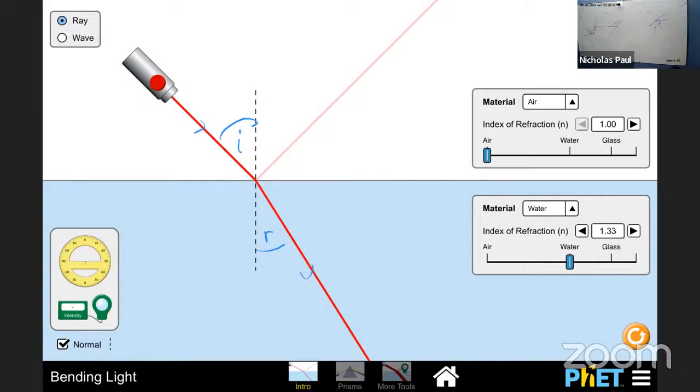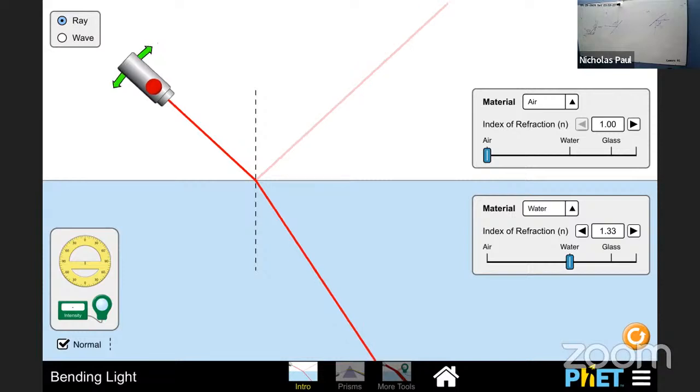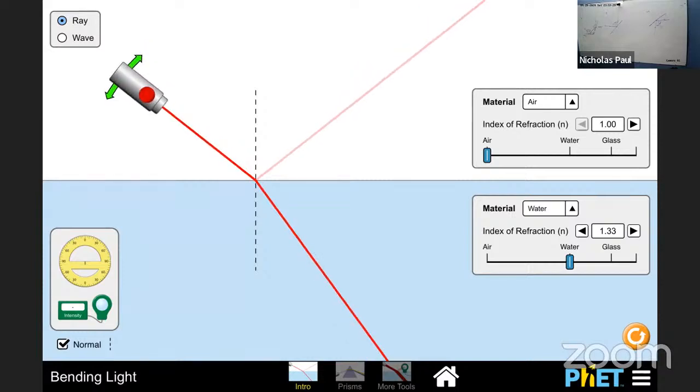I'm measuring all the angles between the ray and the normal, and you will recognize that I is bigger than R. You okay with that? As I continue to move it, see what's happening there?